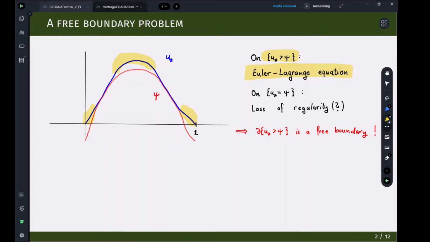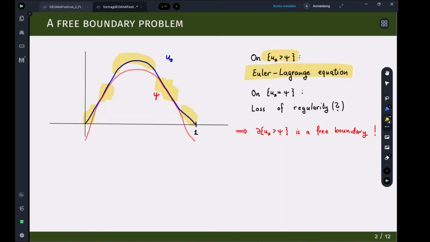But on the other regions where you hit the obstacle, there you cannot describe the minimizer with an Euler-Lagrange equation anymore. The reason is that you cannot perturb in every direction if you hit the obstacle, right?